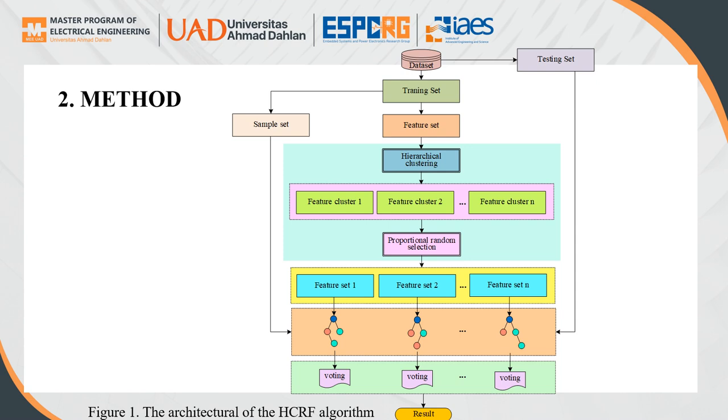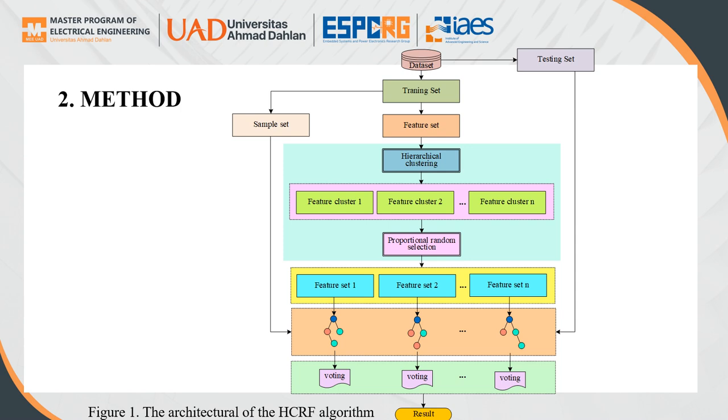The HCRF algorithm proposed in this study attempts to solve this problem. During the process of establishing feature subsets, the architecture of the HCRF algorithm is shown in Figure 1.